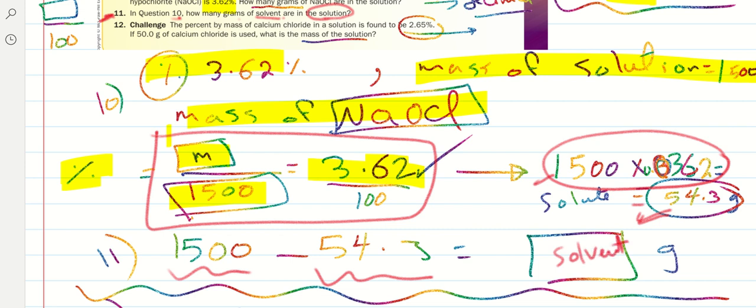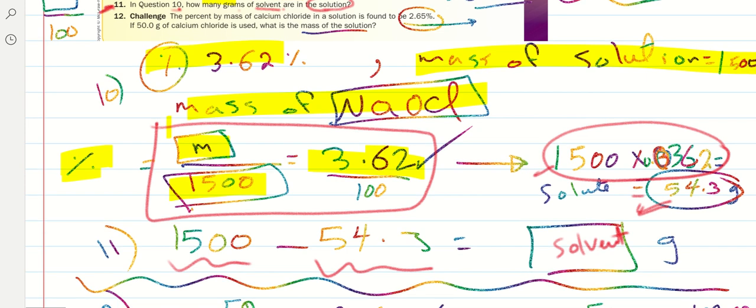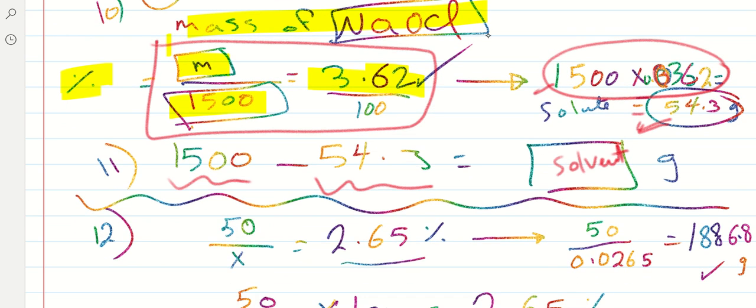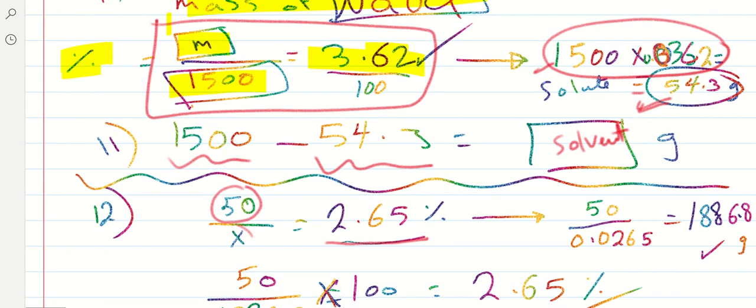Let's go to the challenging question. What is the challenging question? The percent by mass of calcium chloride is 2.65%. If 50 gram of calcium chloride is used, what is the mass of the solution? They give me the percent by mass and the mass of the solute, and they want the mass of the solution.